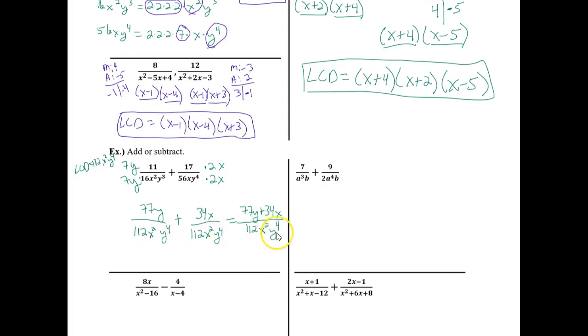The denominator stays the same. The last step is always to factor and see if anything divides out. So I know that 77 is 7 times 11, and 34 is 17 times 2, and those have nothing in common, so it doesn't look like there's anything I can factor out, so that is as far as we can go.